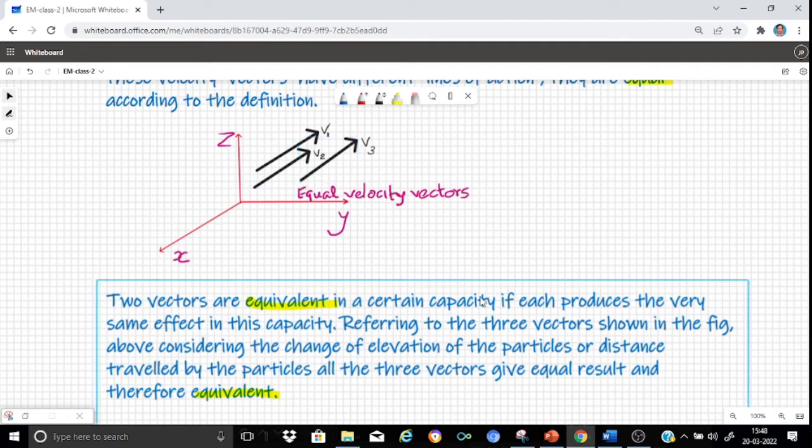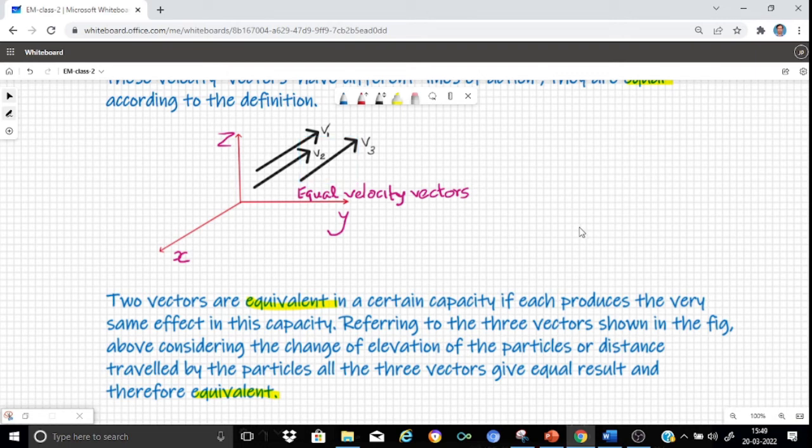So I want to study what would be the change in elevation of the three particles in a given time. Now look here, we know that v1, v2, and v3 are equal in magnitude. It means that in a particular period of time, the change in elevation of all three particles will be the same.